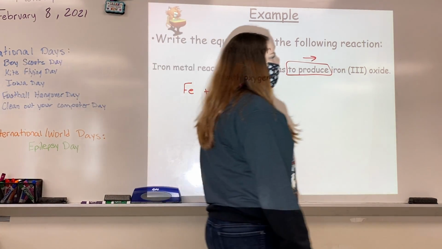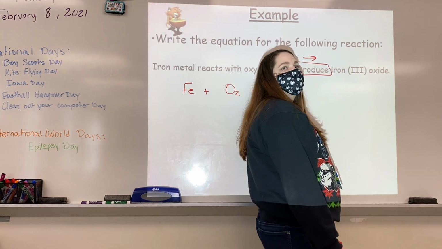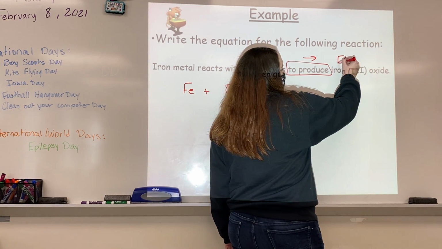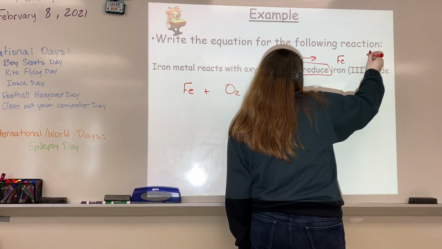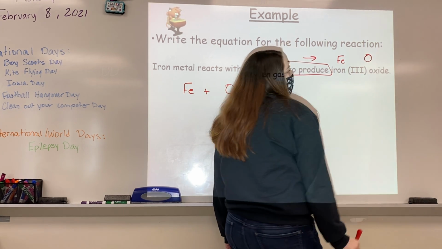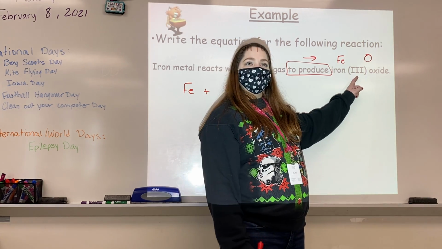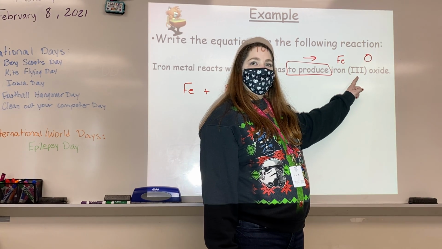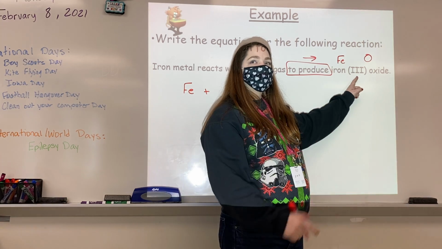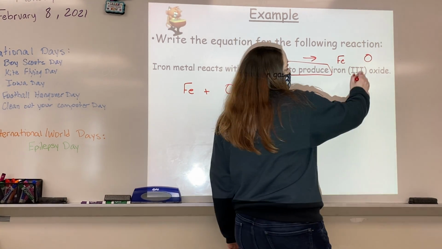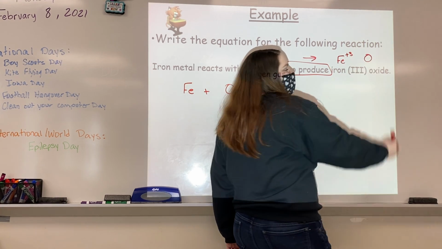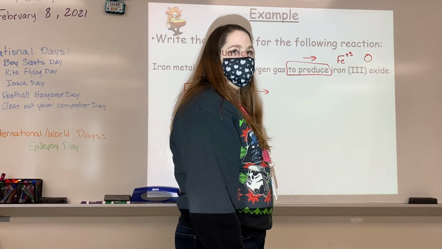Iron 3 oxide. How do we write iron 3 oxide? Iron, so Fe. And then what's oxygen? O. What is this telling me? There's 3 of them. That is my oxidation number of iron. Remember, your oxidation numbers go up top. So this is plus 3. What is your oxidation number of oxygen?